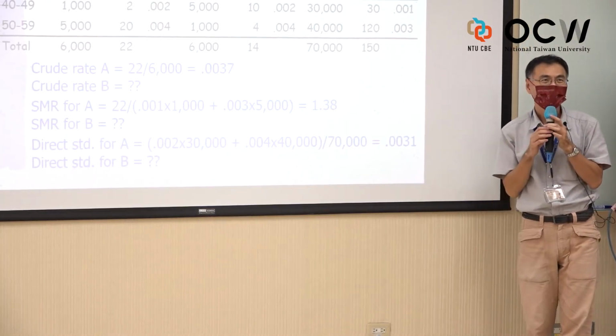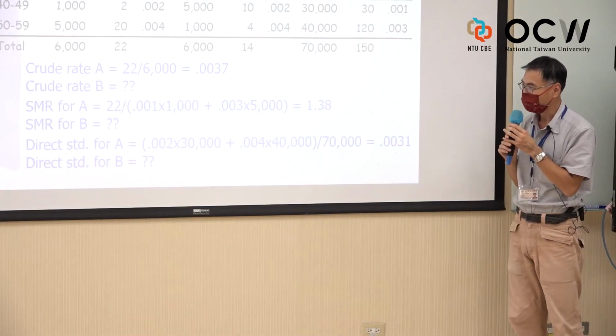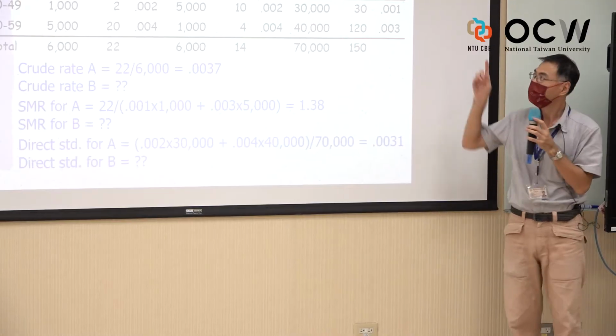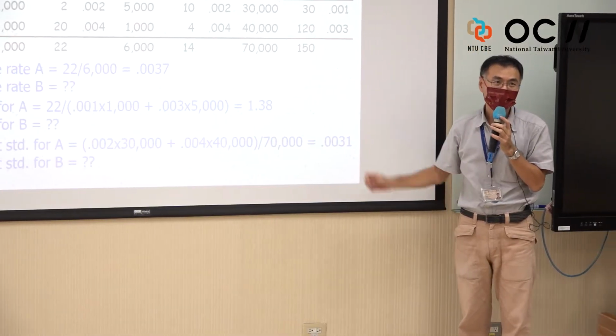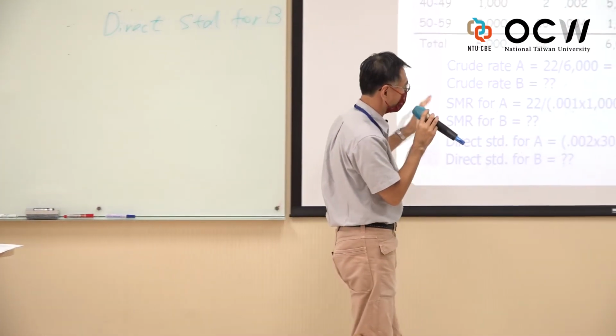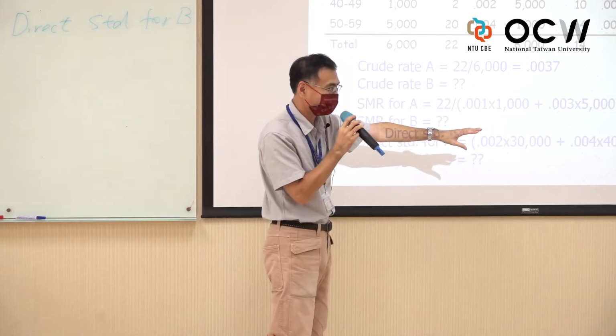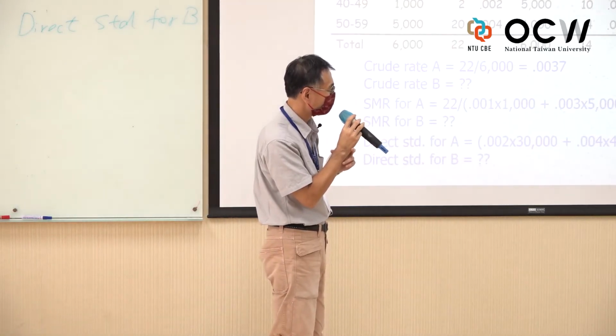Okay, so you have 2 minutes again to do the calculation for occupation B by the method of direct standardization, using the reference population to provide information about the age structure. The process will be the same and the number will be exactly the same. So the answer will be 0.0031.